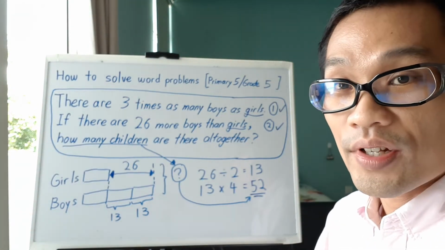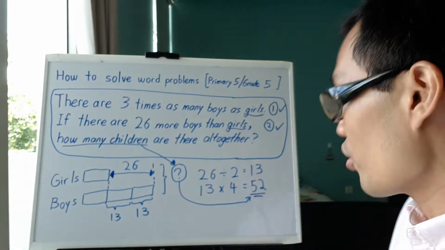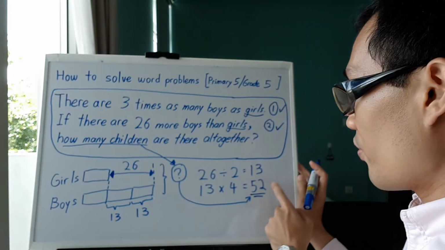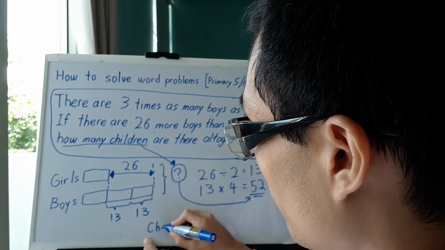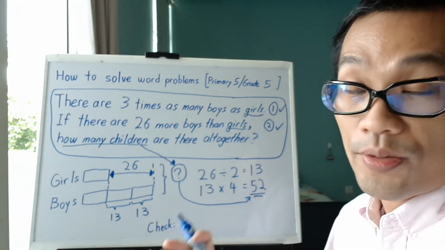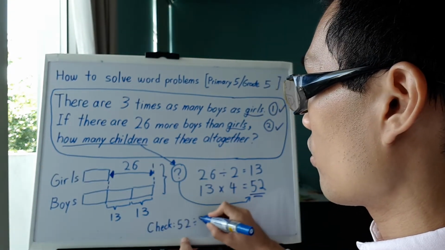So how do I know if this answer solves for the question? So we work backwards. What we're doing now is working from the 52, and so we can check. Checking is like working the methods backwards. So 52 divided by 4.